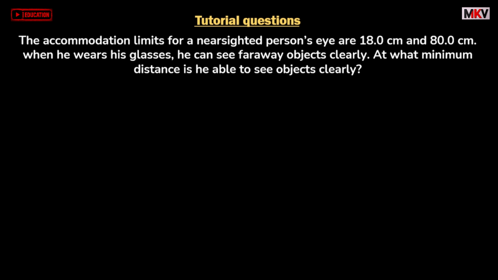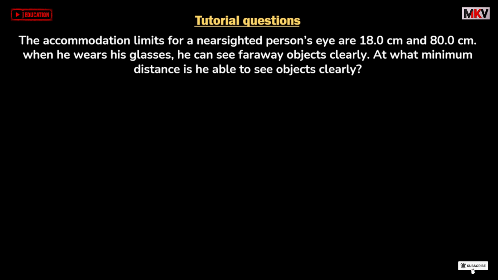Far away objects, he can't see unless the eyes are aided. So we have a range of distances at which this person can see objects, that is from 18.0 to 80.0 centimeters. Now we are supposed to find the minimum distance at which he can see objects clearly.